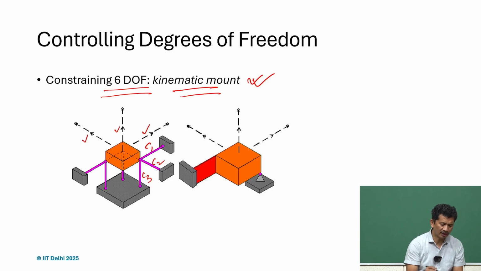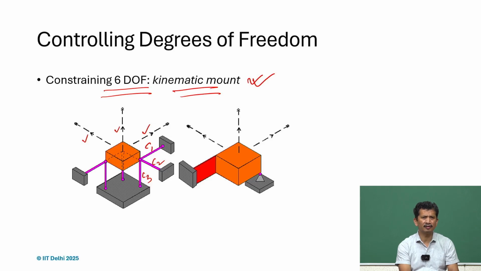The moment you want to have the rotational constraints, we want to provide another constraint parallel to one of these C1, C2 and C3, but perpendicular to the axis.